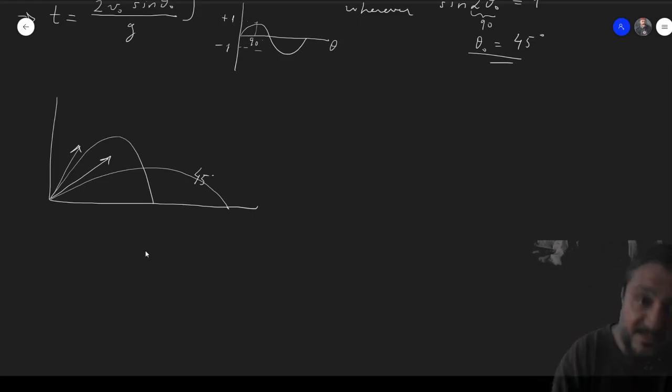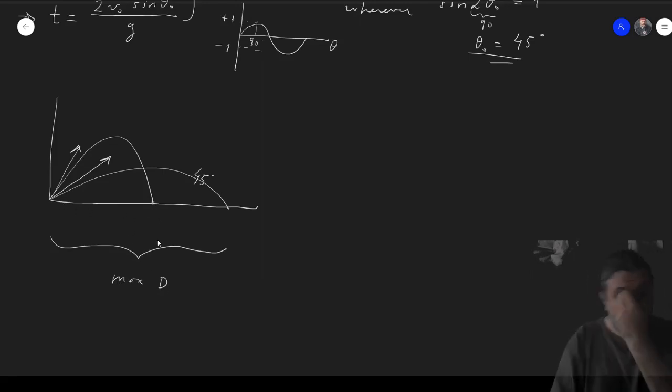Now, it may go higher, and I haven't derived the formula for maximum displacement in the y direction, which I will in a minute. But it's going to fall short. This is maximum D. This is something less than that. So this is for 70 degrees.